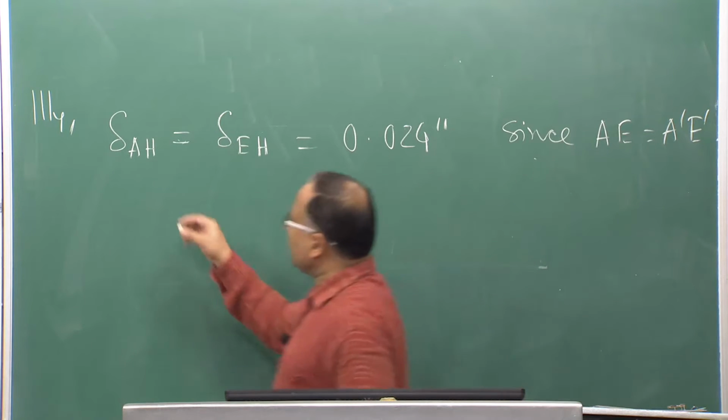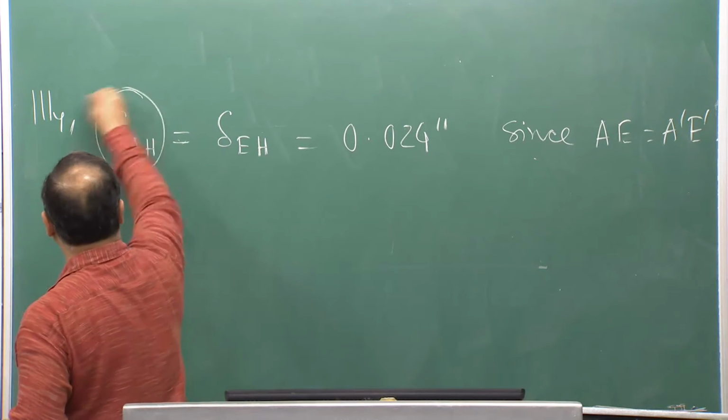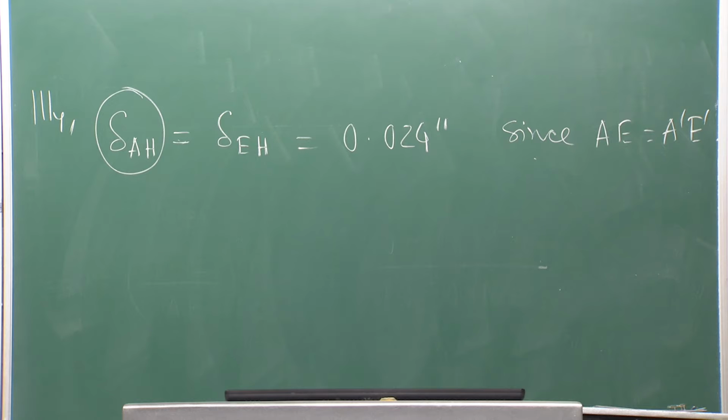So what we have got is that the horizontal displacement of point A is nothing but 0.024 inch.